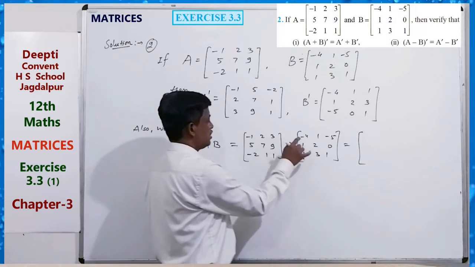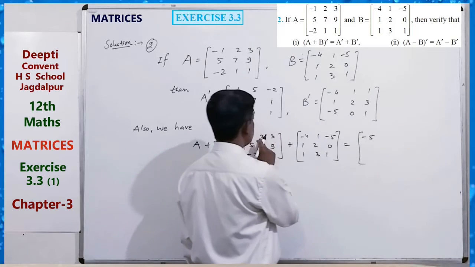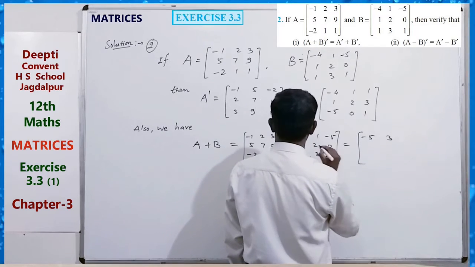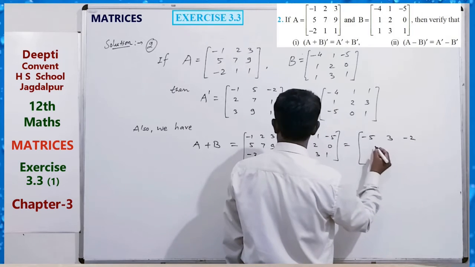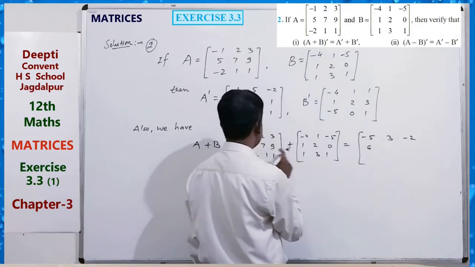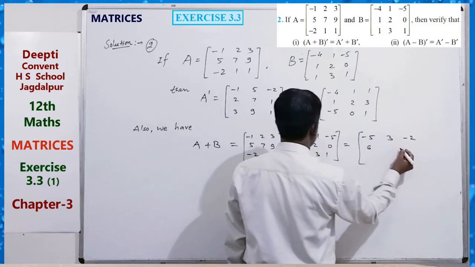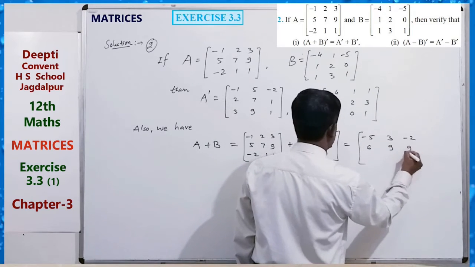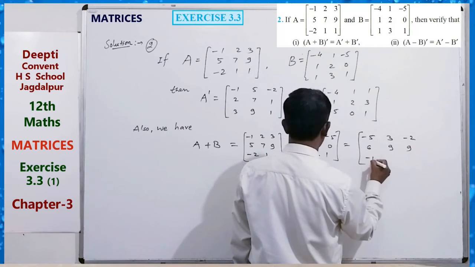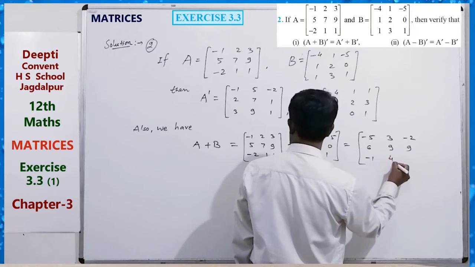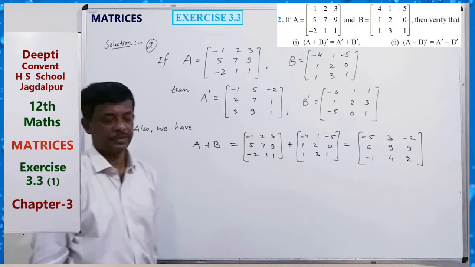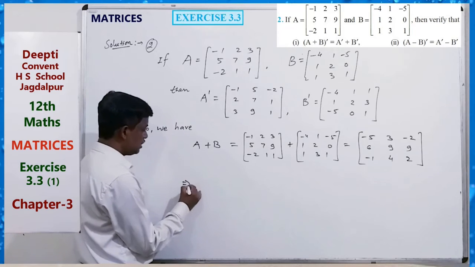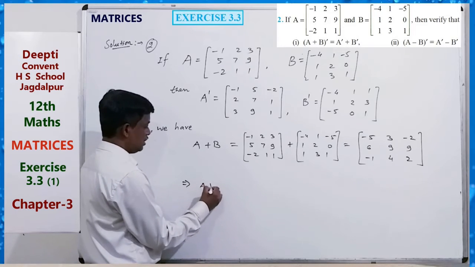Minus 1 minus 4 is minus 5, 2 plus 1 is 3, 3 minus 5 is minus 2, and so on: minus 5, 3, minus 2, 6, 9, 9, minus 1, 4, 2. This is the sum, implies A plus B.